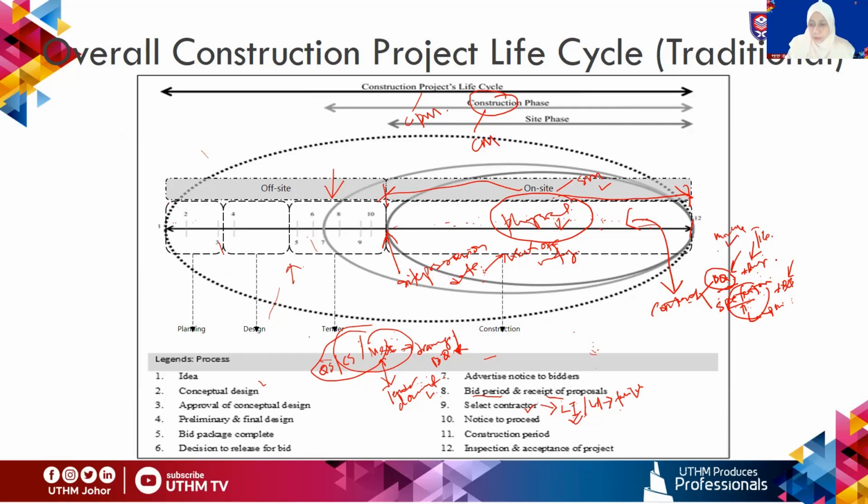But as an engineer, you have to query to your architects to confirm sama ada yang mana satu yang betul. Tapi kalau ikutkan yang betulnya adalah yang dalam BQ. If the bid contract is based on BQ. Okay. So itu adalah perbezaan antara contract based on BQ and contract based on specification and drawing. Okay, this one you should learn during the contract and estimation subject.